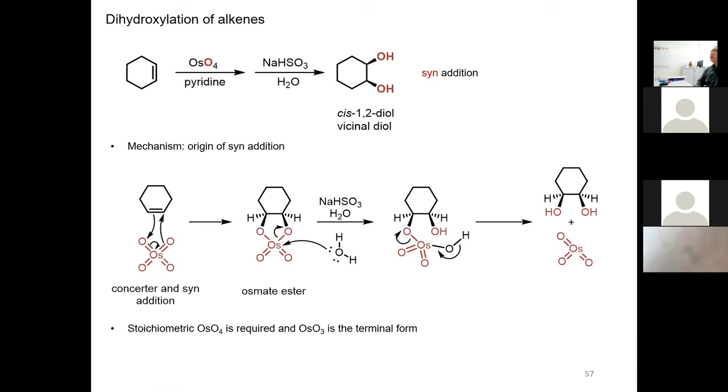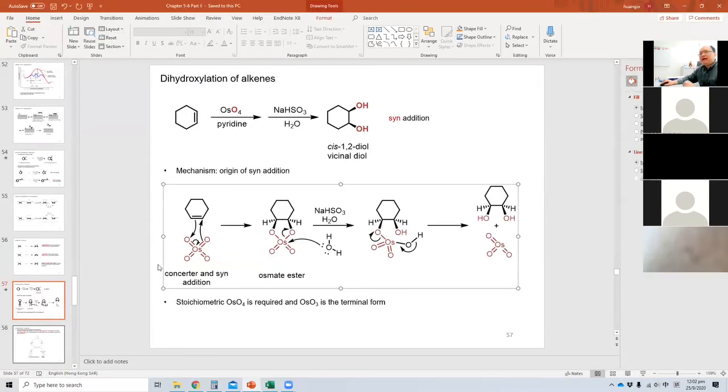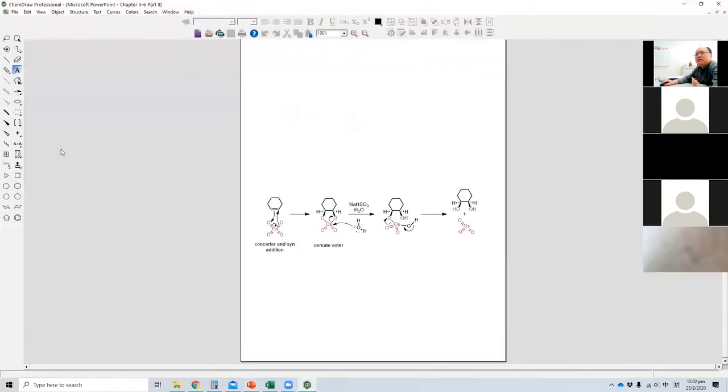It has d electrons, so it can form a lot of bonds. Don't be surprised that a transition metal can form all these bonds. The way it forms a C-O bond with the olefin is through a concerted syn addition, and you can see all these three bonds forming together, concerted.